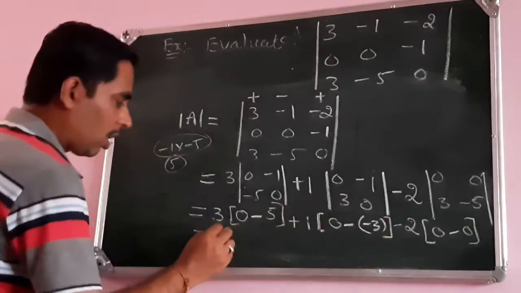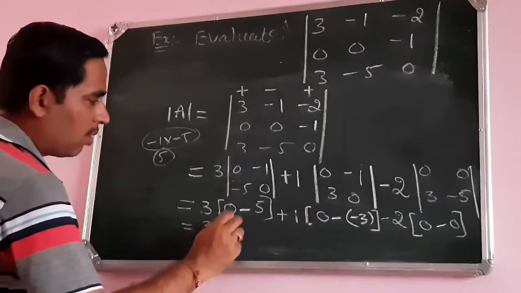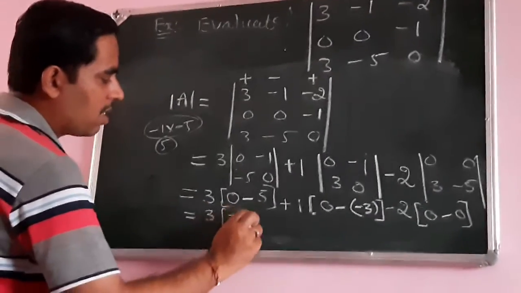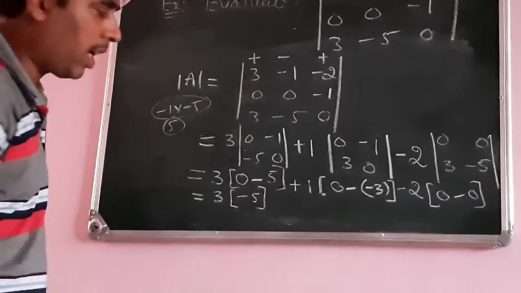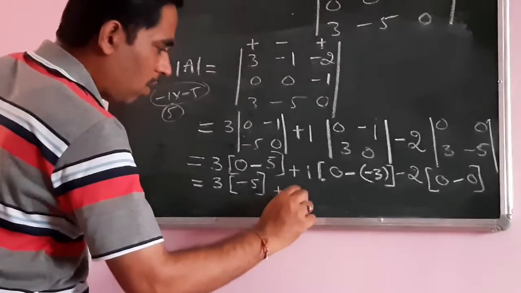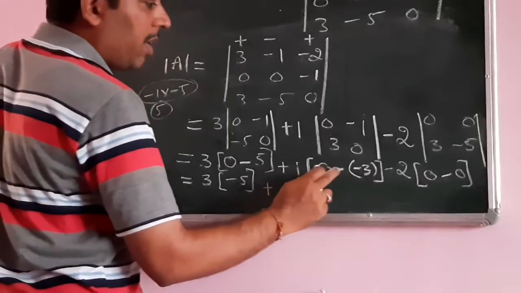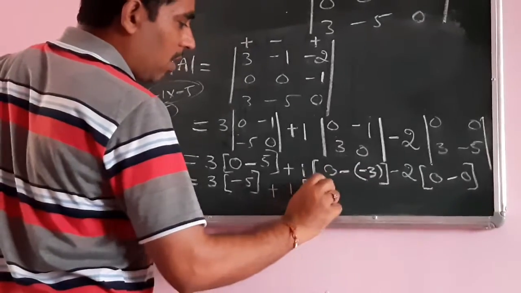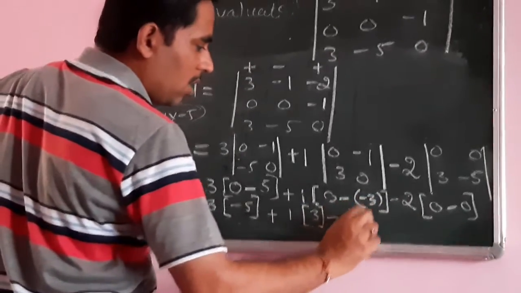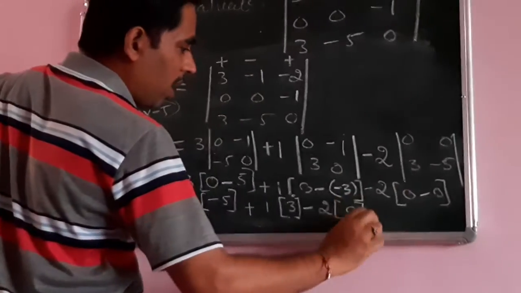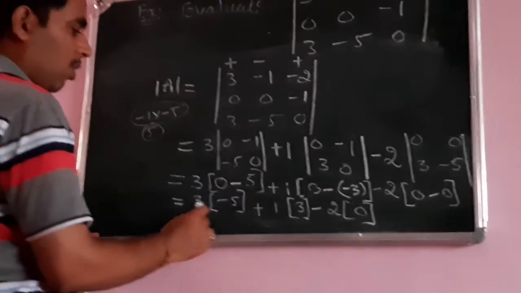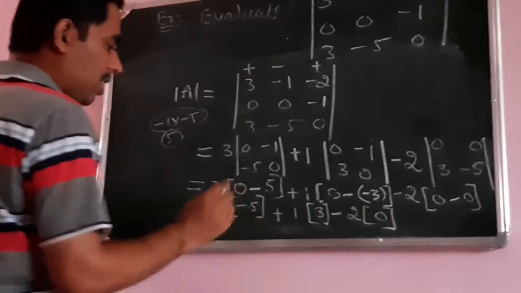Once again, check this: 3 into, 0 minus 5 is minus 5. Then plus 1 into, 0 minus minus 0 plus 3, that will be 3 only. Then minus 2 into, 0 minus 0, it will be 0. Then you multiply this and this, and this and this.